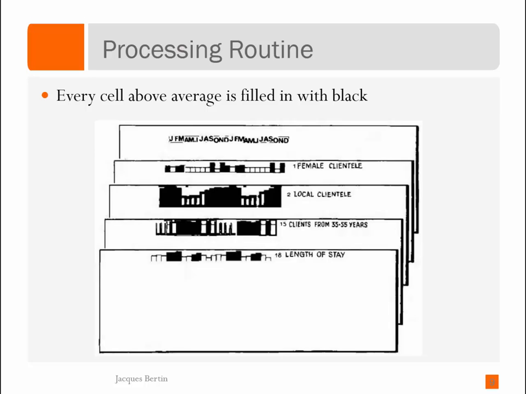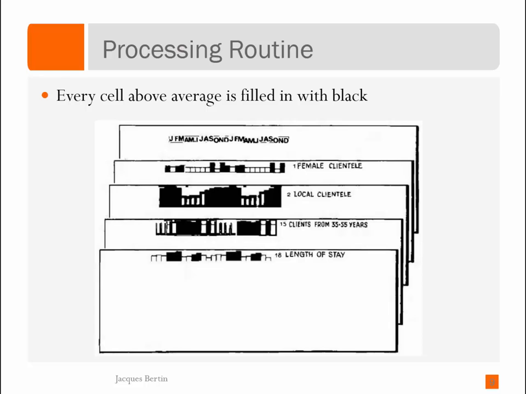So what our processing routine does, given the mean for each row, is go through each cell and assign either a completely shaded in or a completely null or open visual encoding, so that we can quickly visually tell for each cell if it was above or below the mean.